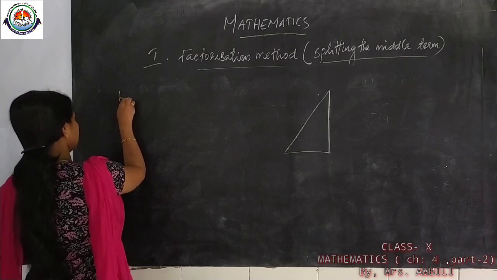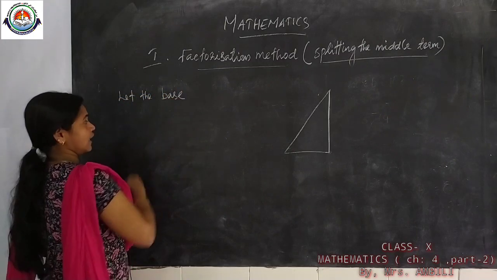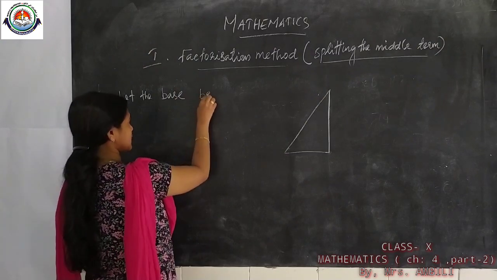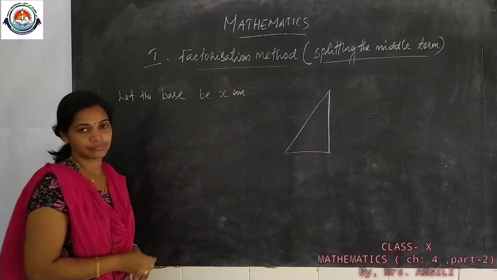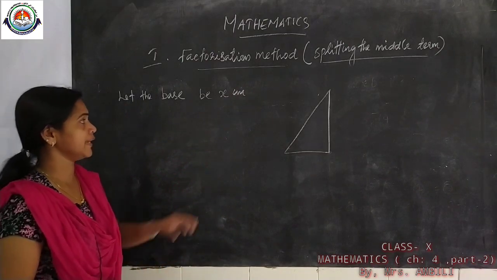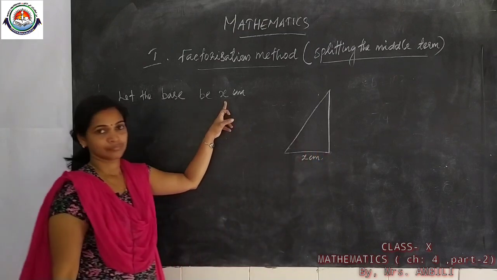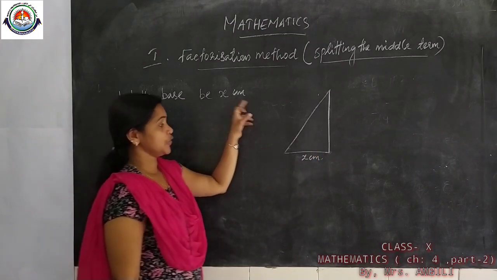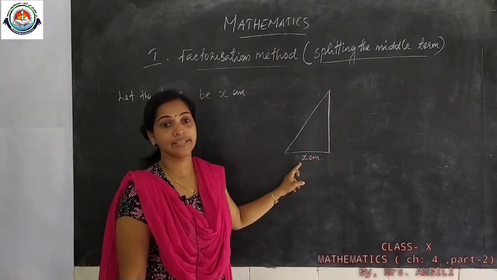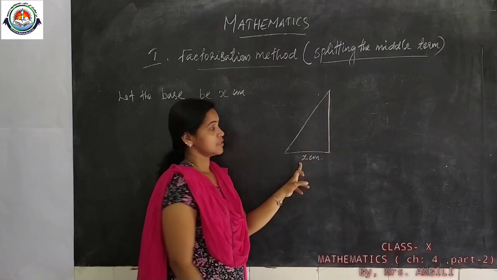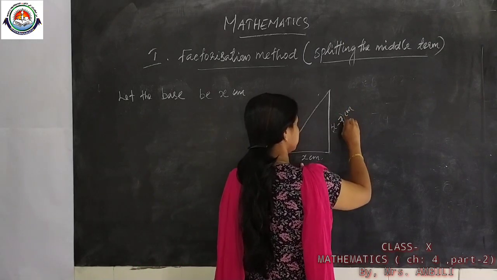Let the base of the right angle triangle be x centimeter. It is given that the altitude is 7 centimeter less than its base. So, what is altitude? x minus 7 centimeter.